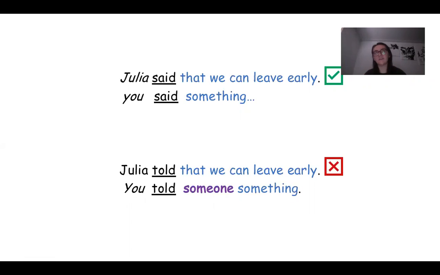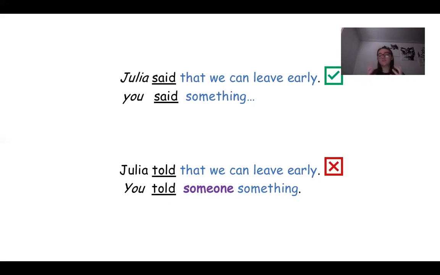Remember how we talked about what take means and what get means? And remember how with get, you have to have two people? Well, when you use tell or told, sometimes in the sentences, you know that you can only use told because there has to be another person that you tell something to, right?